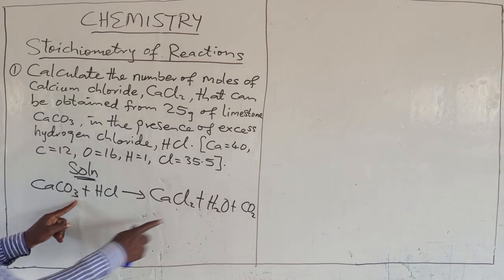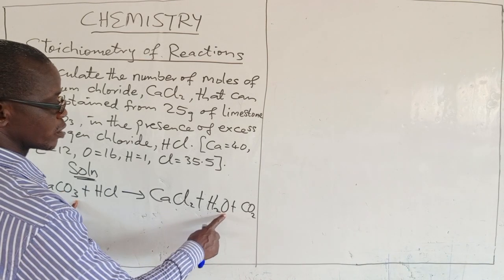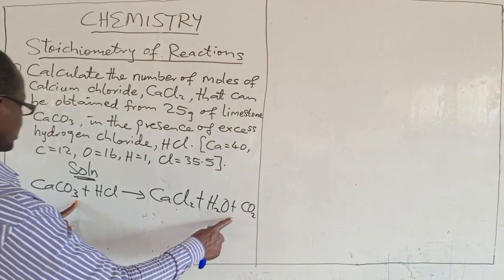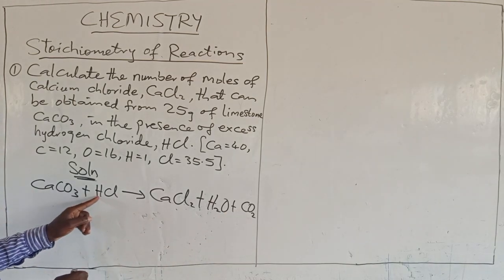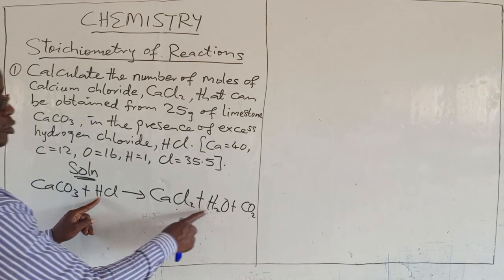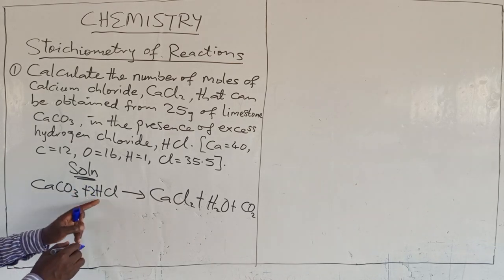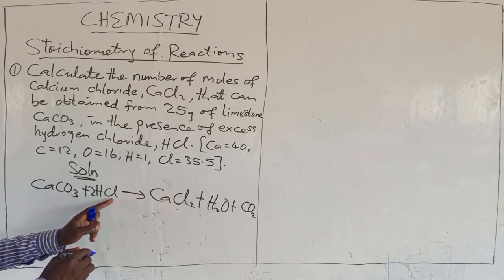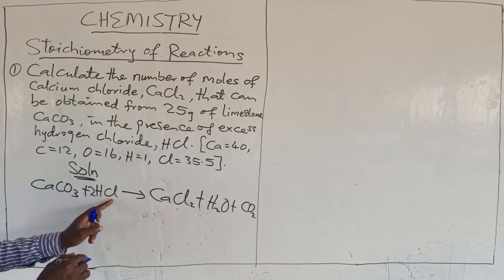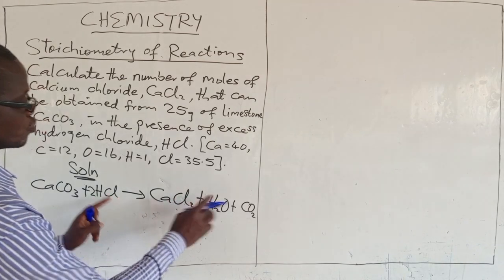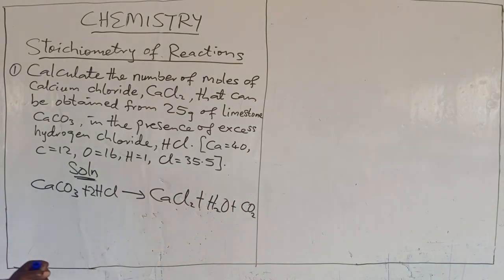O is 3 here, and there, 1 plus 2, that's 3. You move on. H is 1 here, and there you have 2, so you put 2 here to balance that. And that 2 has affected chlorine, which was 1. Now it is 2. Chlorine is already 2 here. So that equation is balanced.